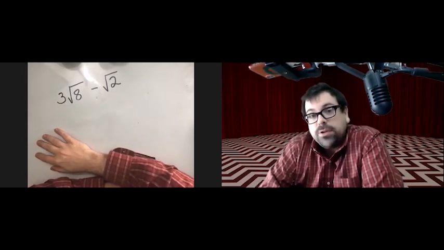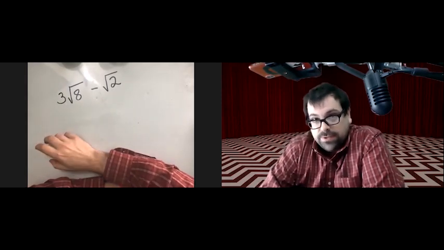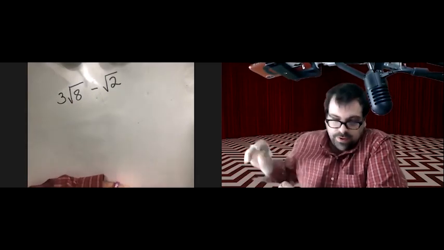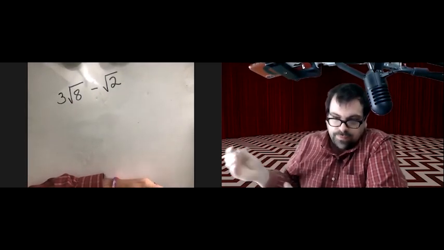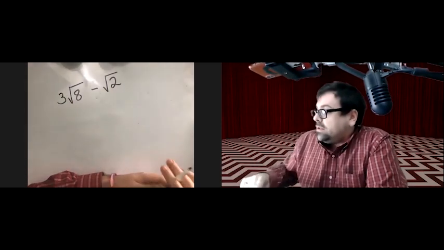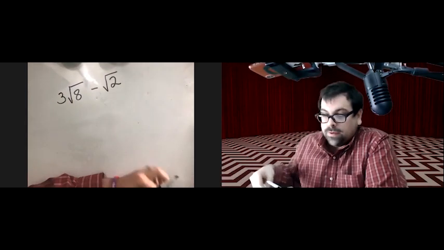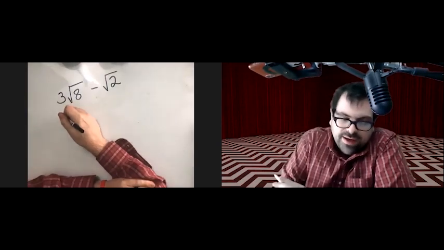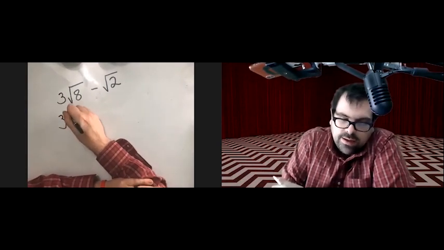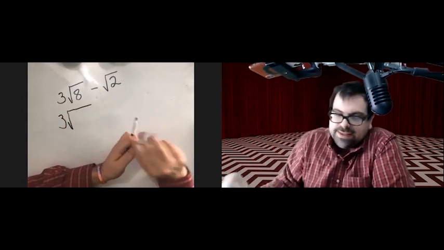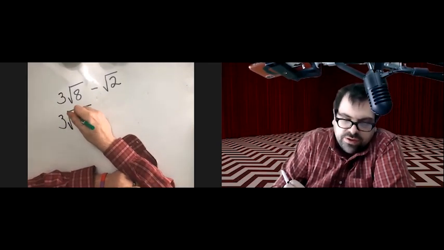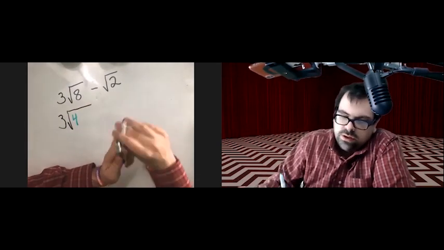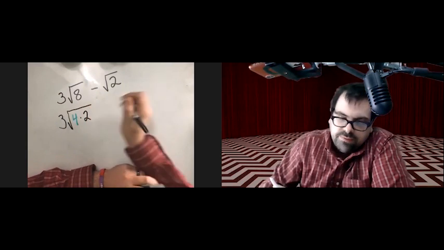Remember, last time we looked at simplifying radicals. We saw that because 8 has a perfect square factor, 8 is 4 times 2.